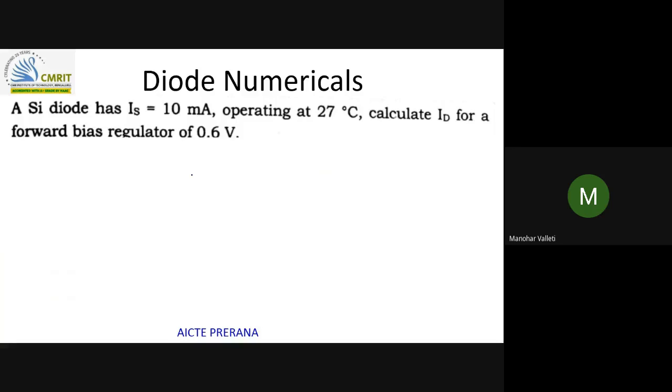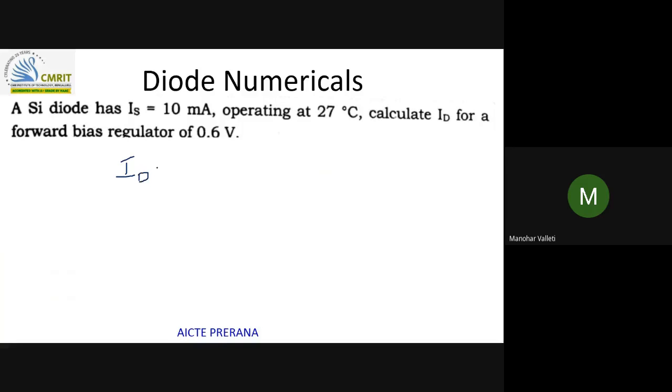A silicon diode has I_S equal to 10 milliamperes, operating at 27 degrees centigrade. Calculate I_D for a forward bias voltage of 0.6 volts. So V_D given here is 0.6. What is the equation you know?